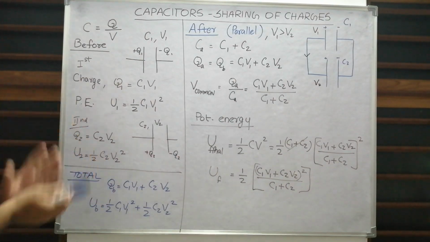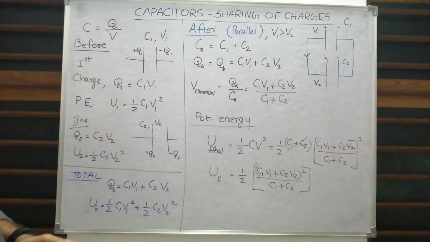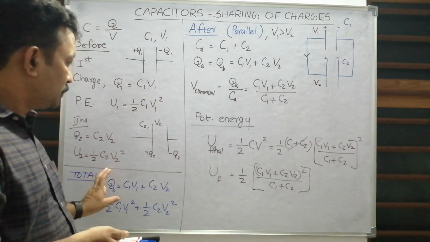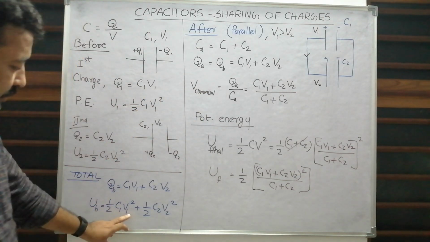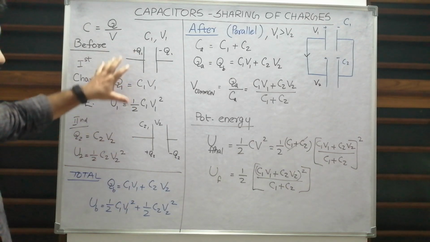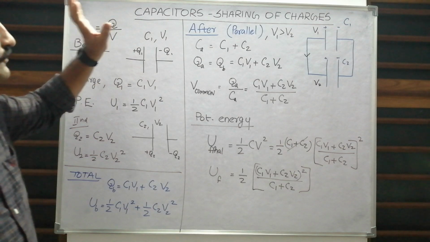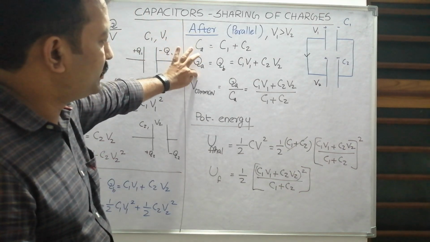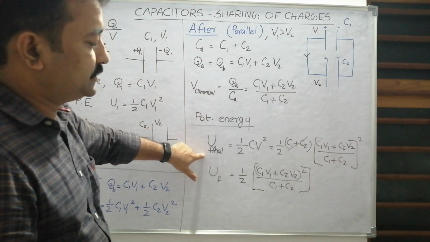We got the expressions for everything after the connection. So hereby we have concluded everything, what is before and what is after sharing. We got the expressions for the total charge, the total potential energy, individual potentials and individual charges before connection. And after connection, the final capacity, charge content, common potential and potential energy.